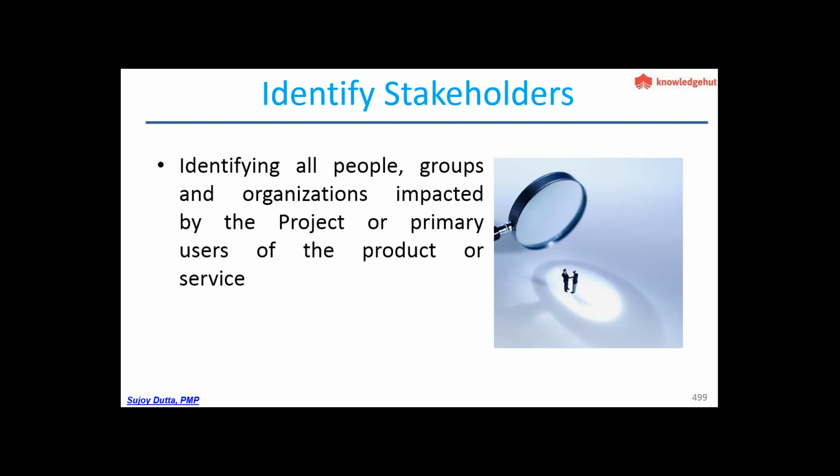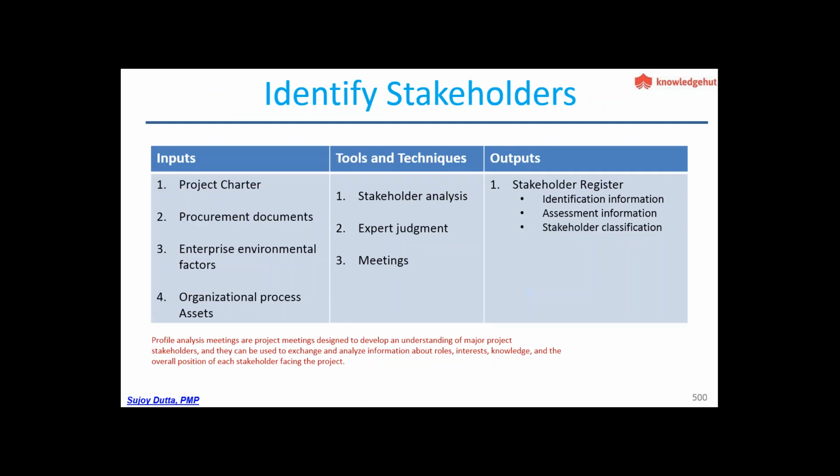You have to identify all people, groups and organizations who are impacted by the project or are primary users of the product or service. So these are the inputs, the starting point. We take the project charter, because the project charter would contain some of the names on the client side, project engineers.